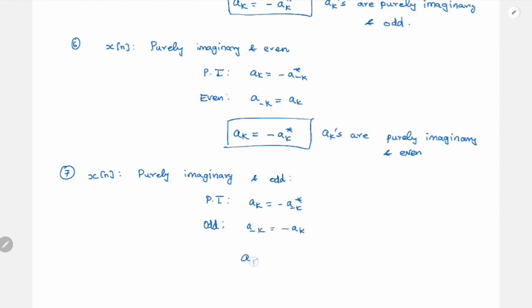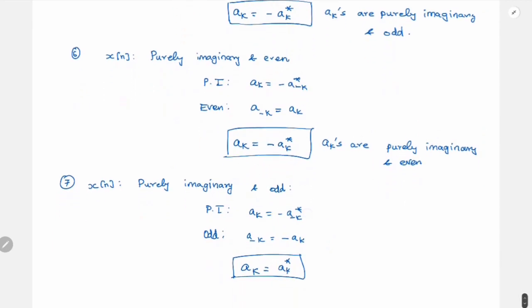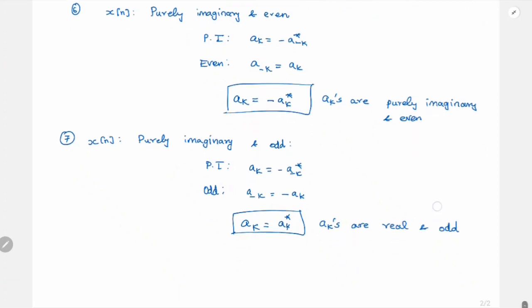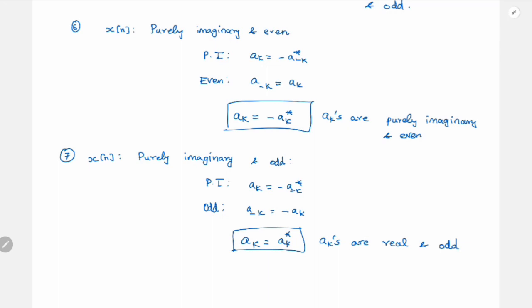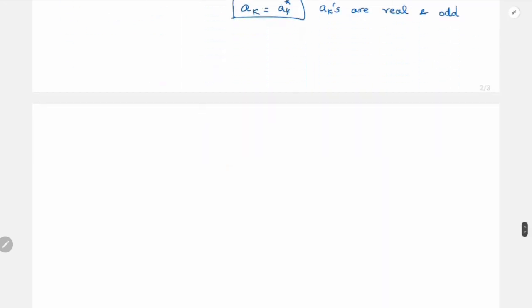So overall you will get a_k equal to a_k star, correct? This is similar to the a_k's being real. So the a_k's are real and odd, okay? Then you also have even decomposition.